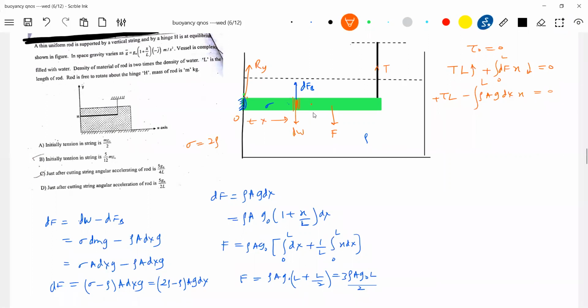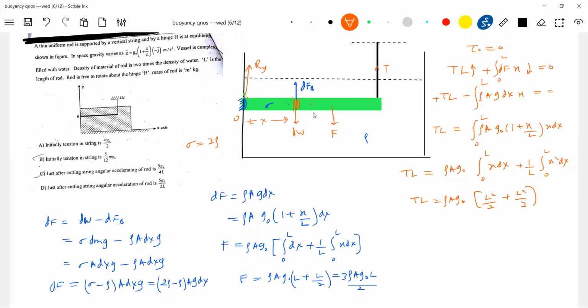Okay, next step, it will be T into L equal to the integral of rho A g, where g is g naught into (1 plus x by L), x dx from 0 to L. Now T into L is equal to rho A g naught, times the integral of x dx from 0 to L plus the integral of (1 by L) x square dx from 0 to L. This gives L square by 2 plus L square by 3, so rho A g naught L square by 5 by 6.